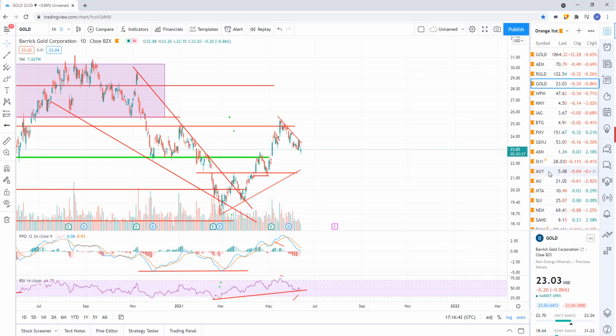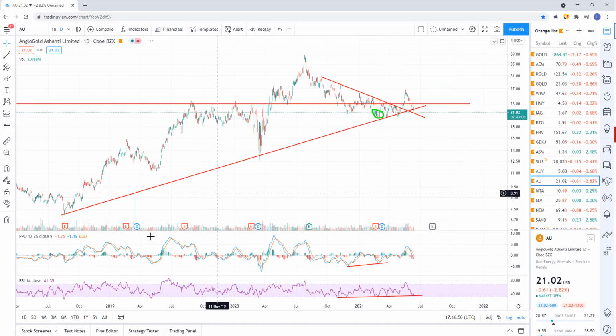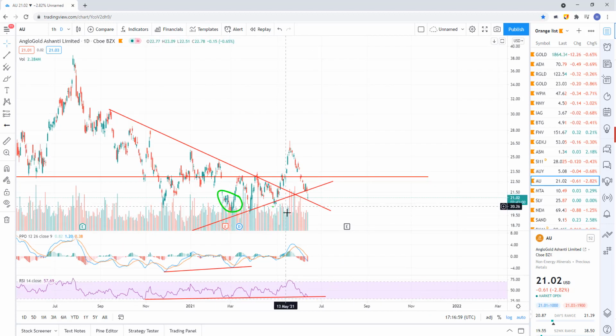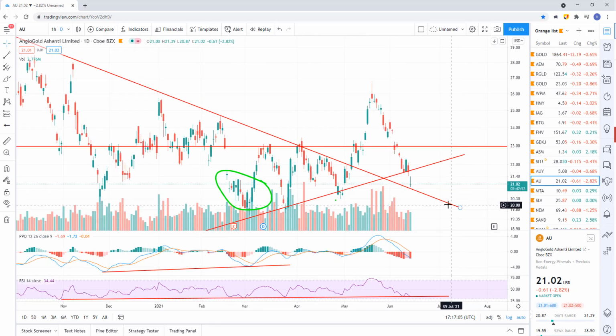One that looks interesting to me right now that I bought last week is Anglo Gold Ashanti. This is AU. On the daily chart you have a trend line right here. Off 2018 we held support, and then we held support all through here. Now we're below it slightly, so maybe this is a sell signal, maybe we're actually breaking down.